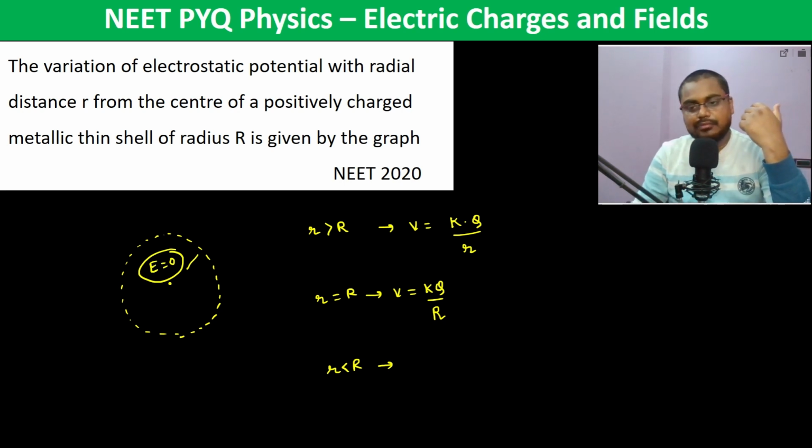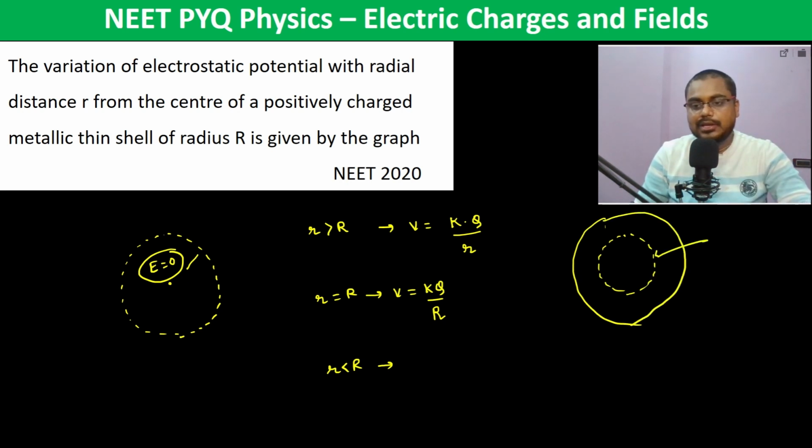If you want we can prove it also. So this is the sphere, and this we are taking as the Gaussian surface. So in the Gaussian surface, integration E dot dS should be equal to q enclosed divided by epsilon naught.